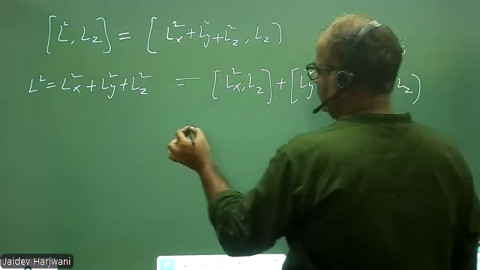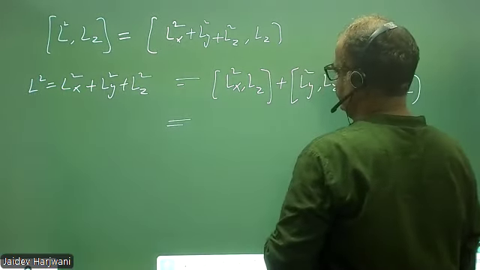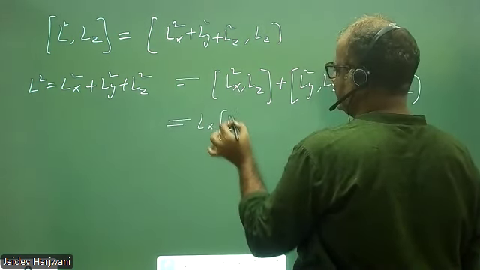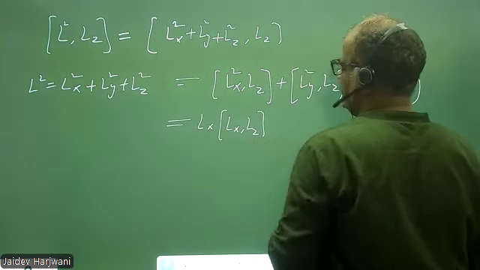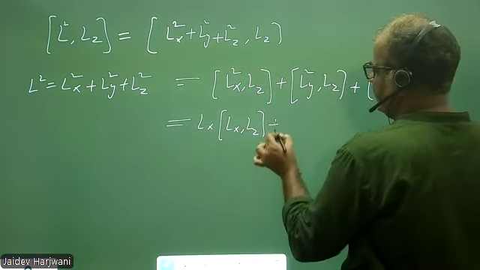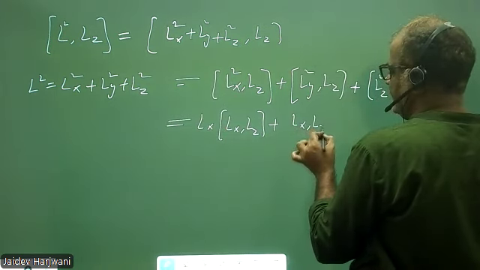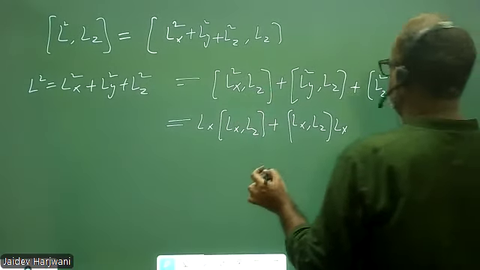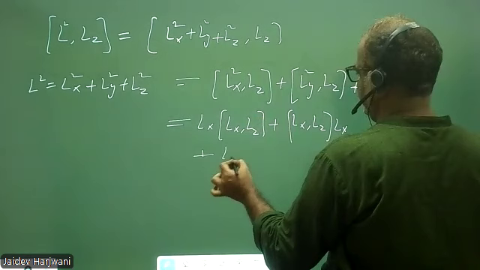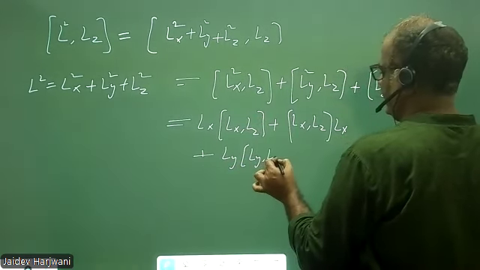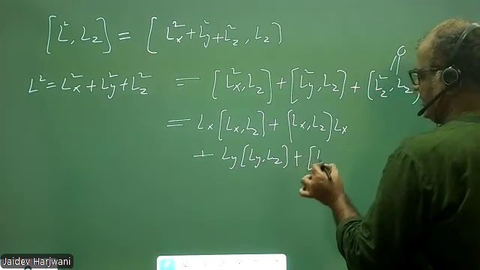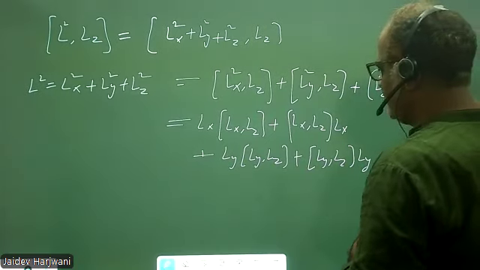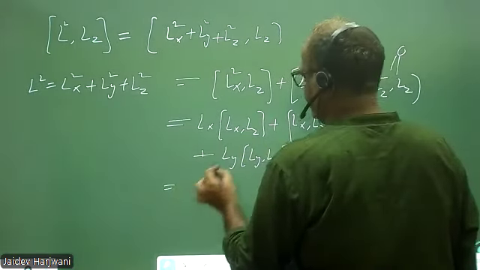So let us now write Lx. I can break [Lx square, Lz] as Lx [Lx, Lz] plus [Lx, Lz] Lx, two times here, and then I can write Ly [Ly, Lz] plus [Ly, Lz] Ly. Now, what is [Lx, Lz]?